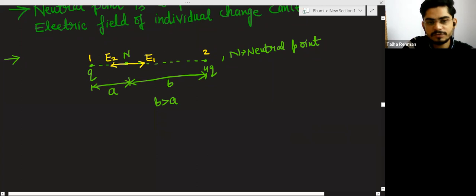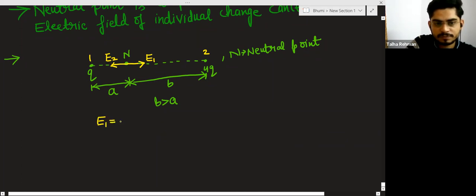At point N, E1 equals E2. What is the formula for E1? It is KQ divided by distance squared, that is, KQ divided by A square.